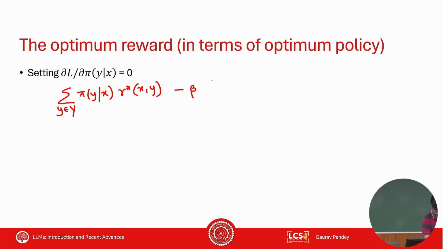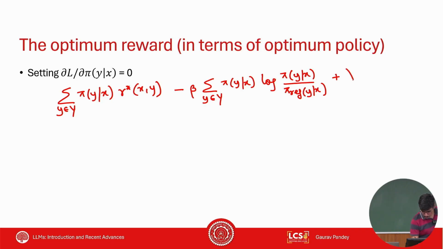Beta times summation over responses pi of y given x log of the probability ratio, and the final term is the constraint that we had, that it should sum up to 1.